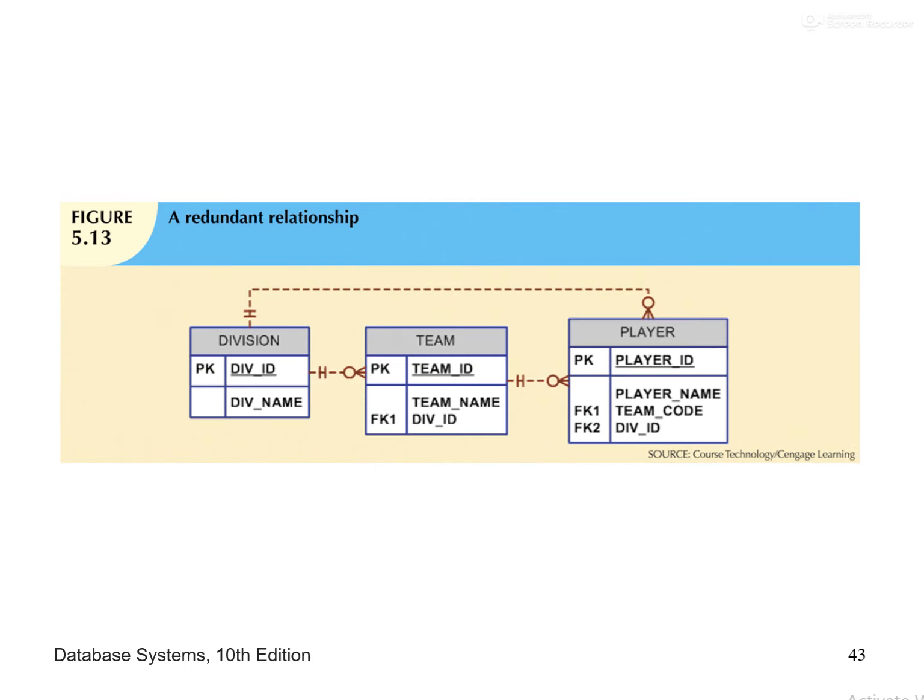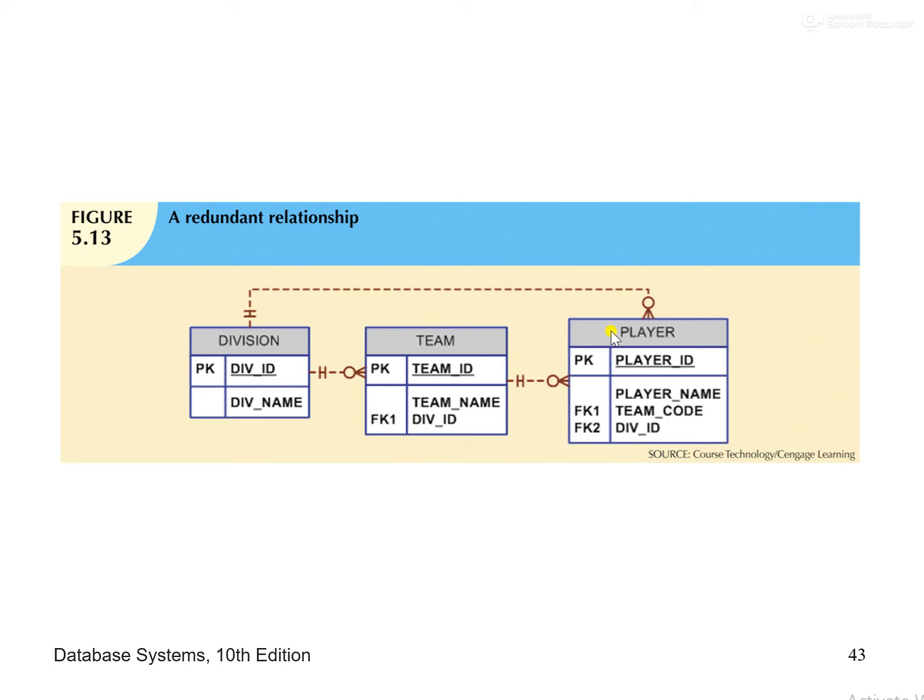But we can get this answer directly if we have a new relationship between player and division, and then we can easily answer which player belongs to which division. But we can get the answer to the same question through team: we can find out which player belongs to which team and which team belongs to which division.